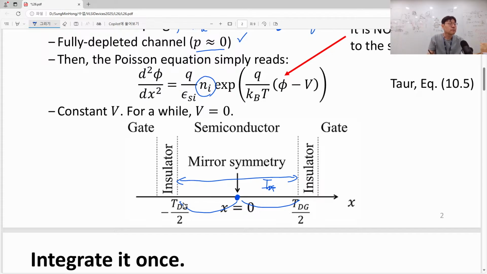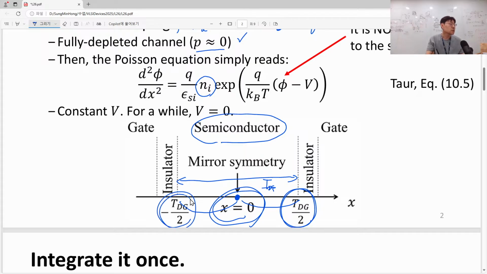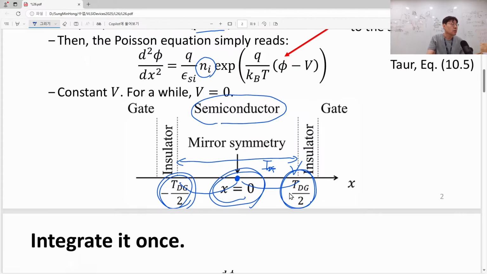We will talk about how we can express some quantities in this semiconductor region with representative potential values and some important points. We find that this is an important point and this is an important point. Of course, this one is also important, but due to the mirror symmetry, once we know the quantity at this point, then it can just be mirrored.